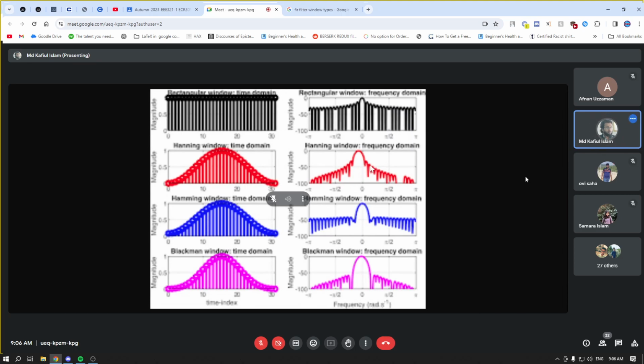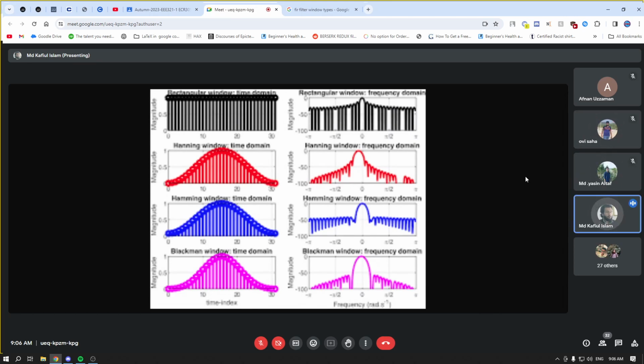For the other windows, the highest amplitude is at low frequency, around 0, right? And if it goes to the higher frequency region, your ripple actually goes down, right? For rectangular, in the higher frequency region, you still have some high frequency content, right? Can you see that?